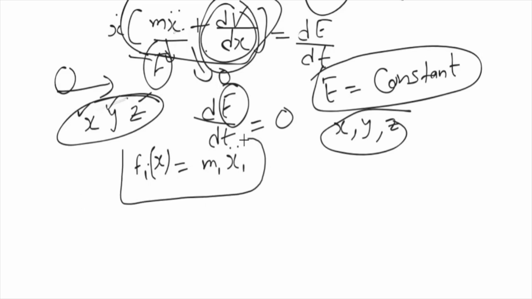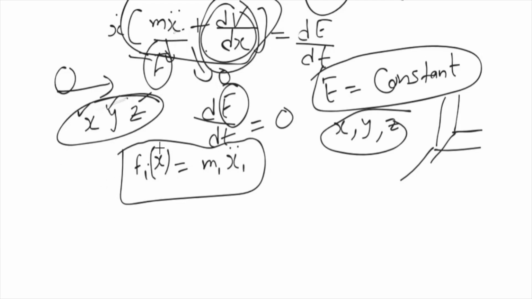This is Newton's second law of motion for one particle, but that particle can move in 3 dimensions. It can move here, here, here. One particle can move in 3 dimensions, and we have taken i here.